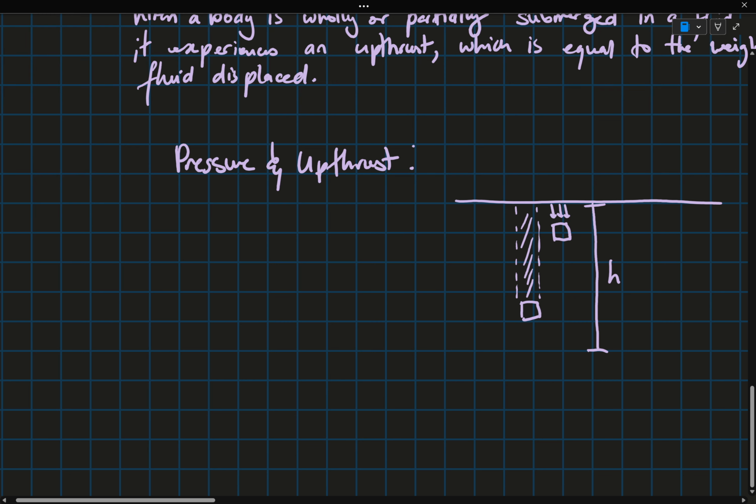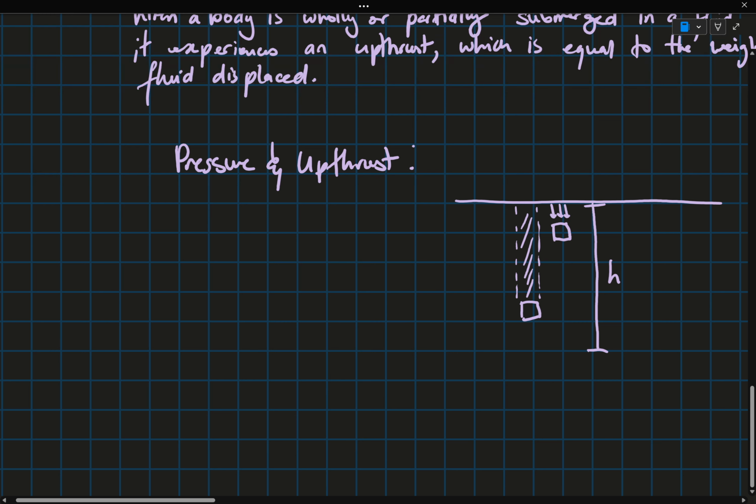So this is where P is the pressure acting on the object. Rho is the density, so we're looking at the fluid density. We also have g.